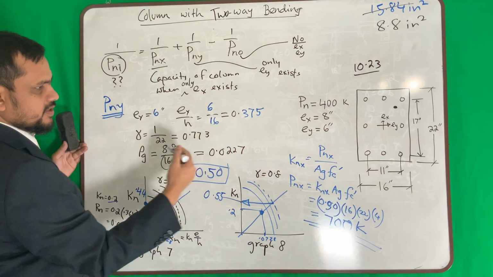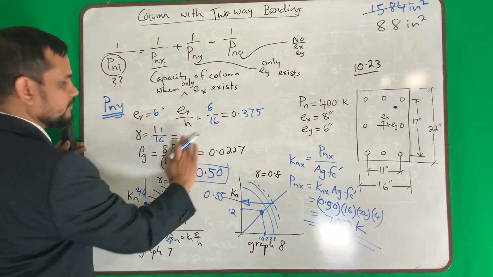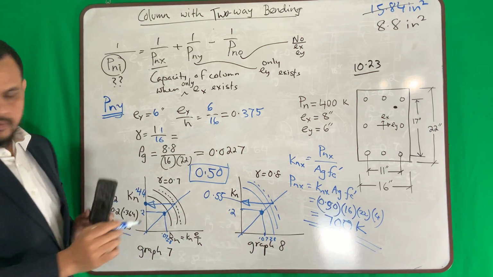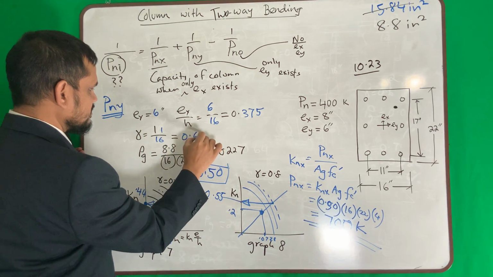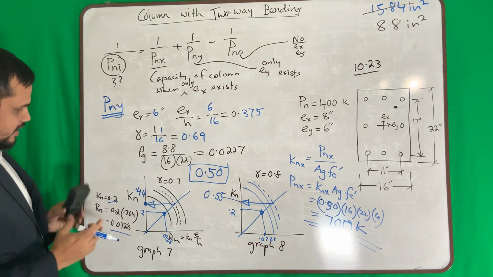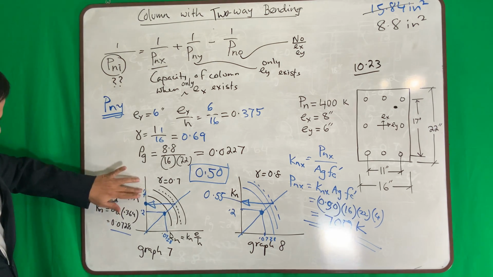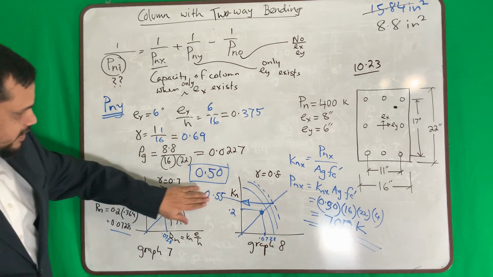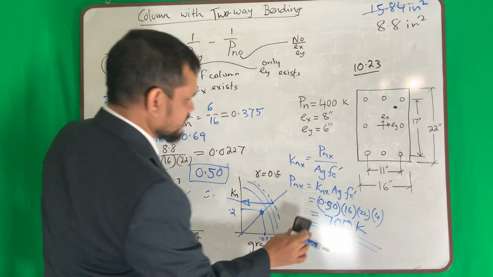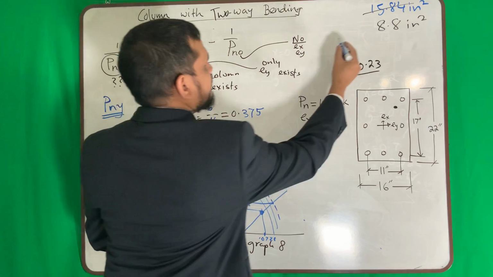Gamma will be 11 divided by 16, so gamma will be 0.69. This will be the same thing, and we have to read this value and read this value. Okay, write it down here.